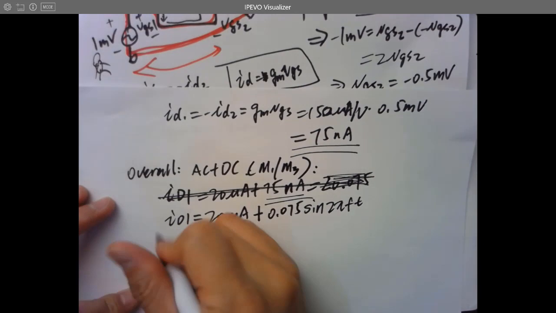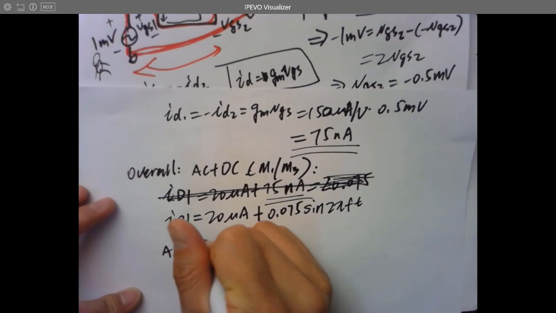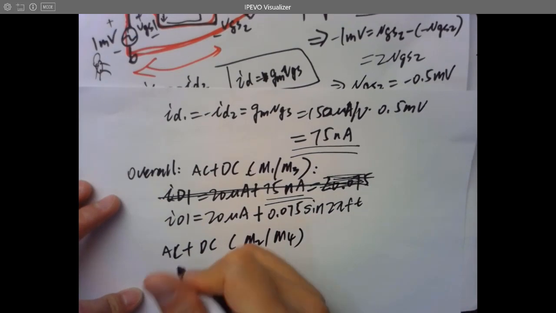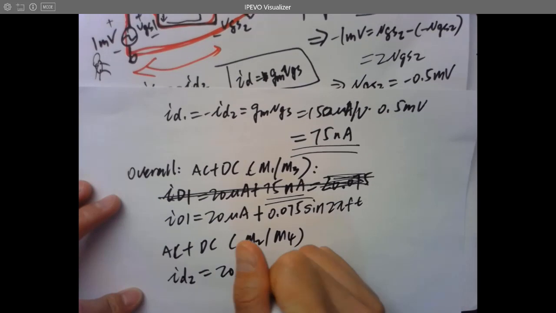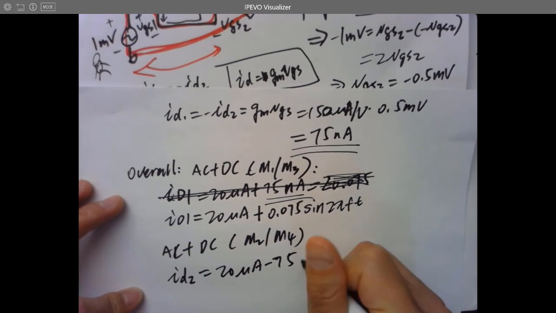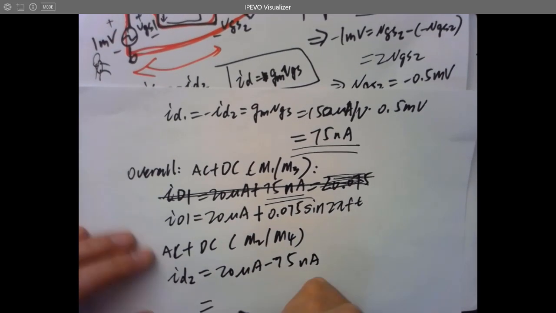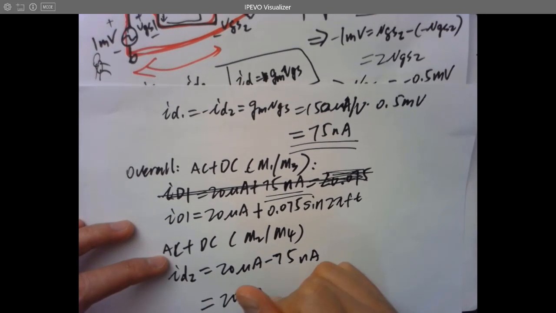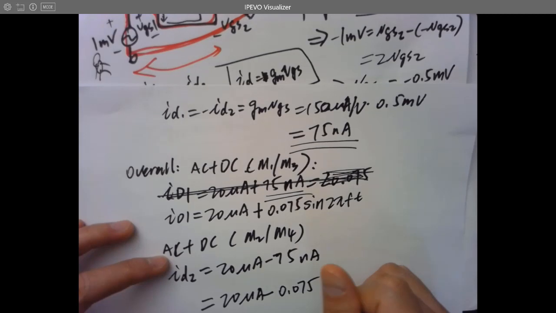And overall AC plus DC for M2 and M4 will be ID2, which is 20 microamps minus 75 nanoamps, which is actually 20 microamps minus 0.075 sine 2 pi ft.